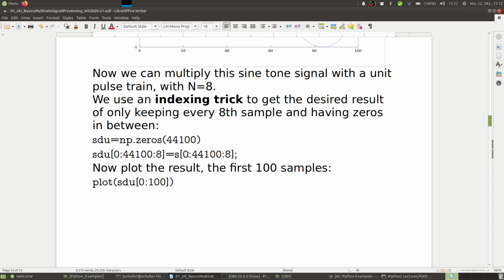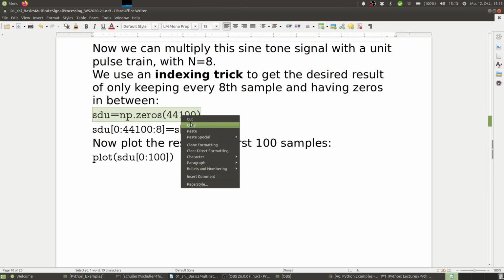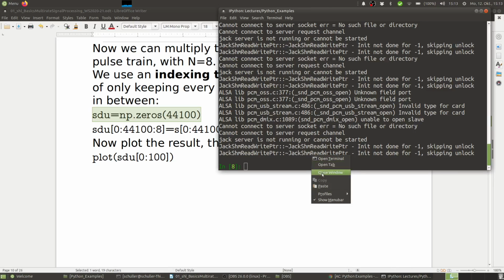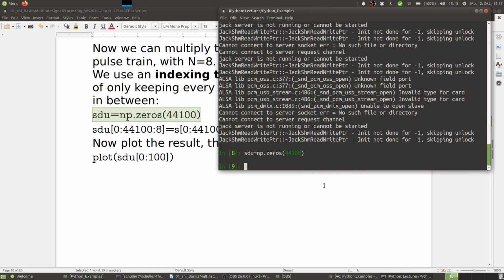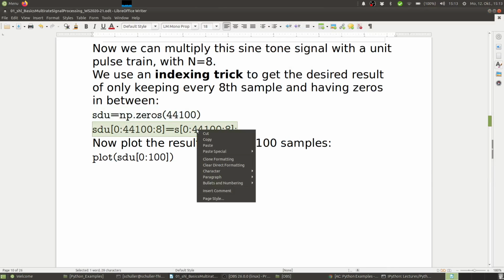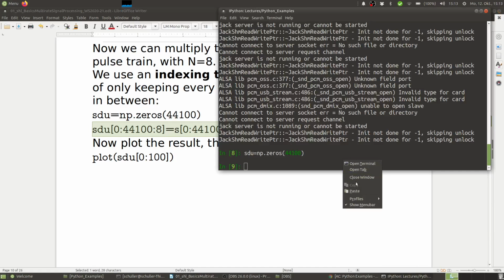So here we assign only every 8th index from the original, and the rest will stay 0. So let me do this. Copy, paste. Right, so this is the initialization, and here we have the assignment of every 8th sample.